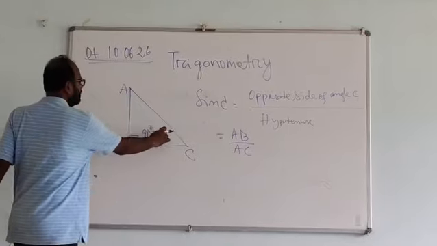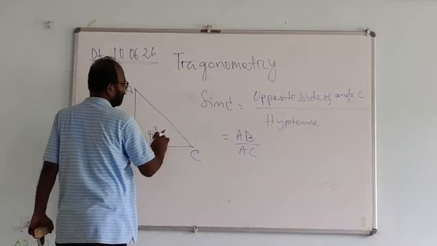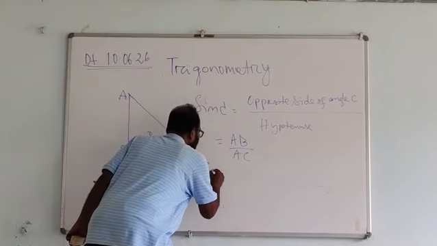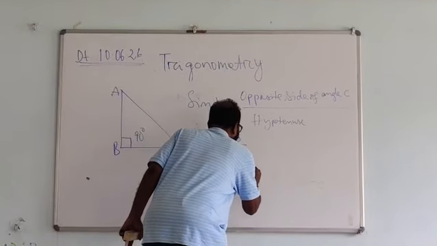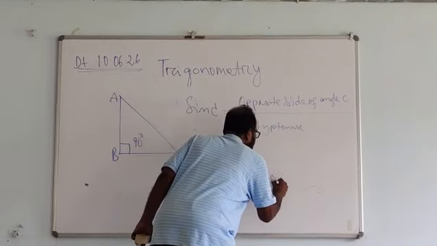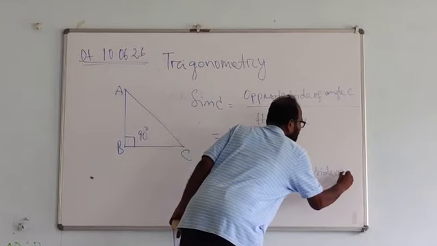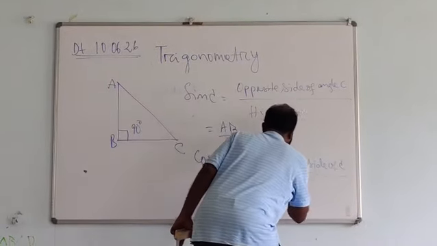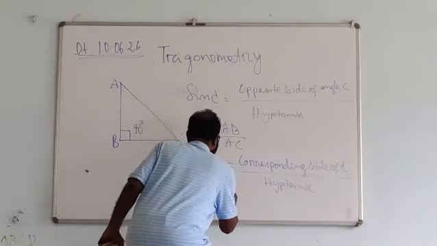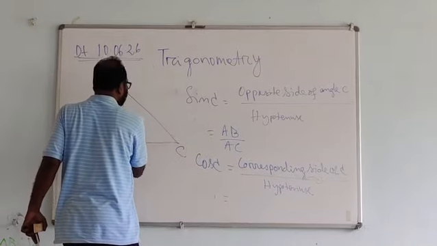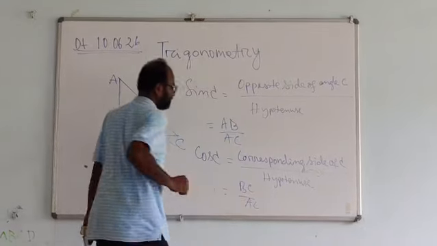Then cos C is the adjacent side, or corresponding side of C, by hypotenuse. That is equal to the corresponding side of C, that is BC by AC.